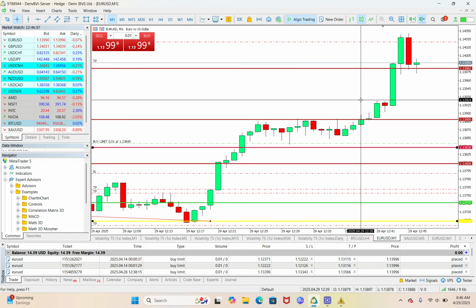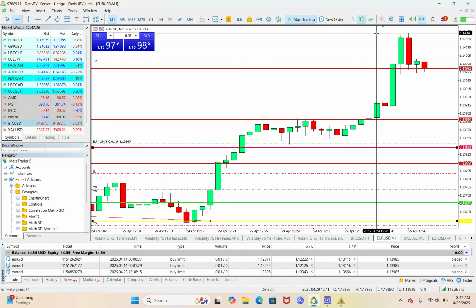141 would be 14,000. 14,065. So let's see if the market reaches 14,065. The market reached 14,046.